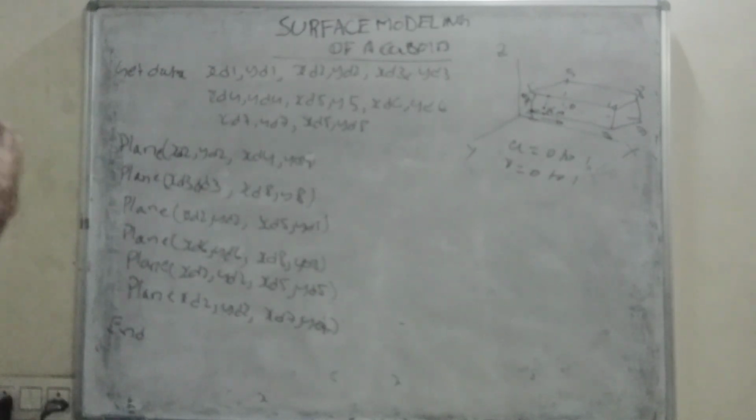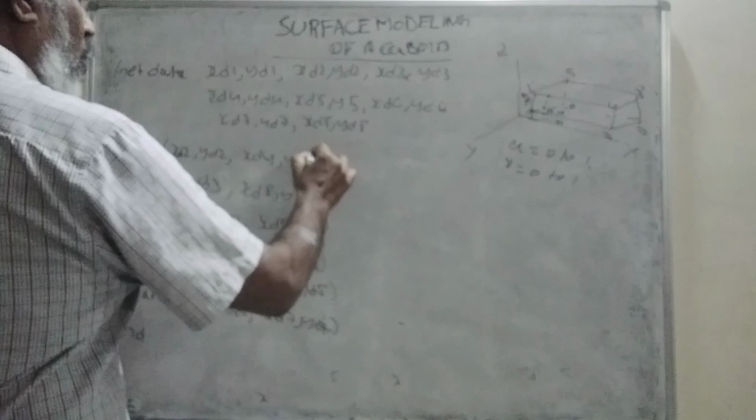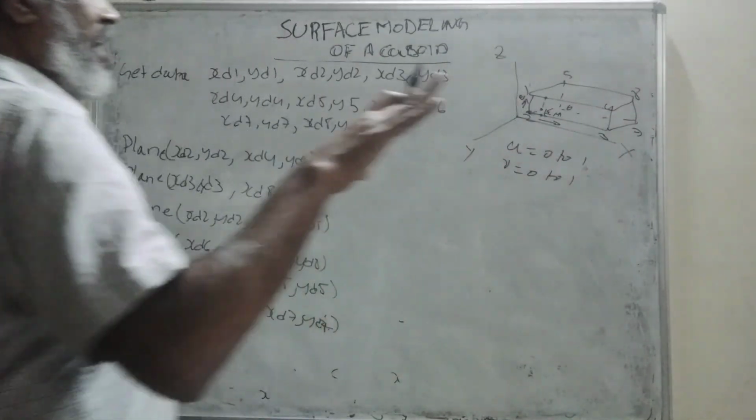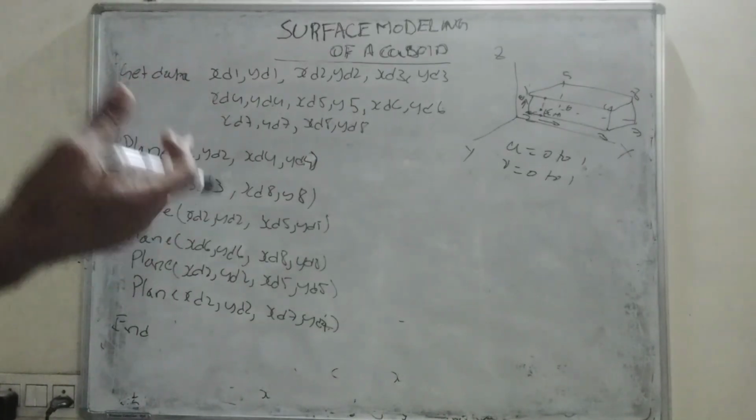Now in each plane, we are trying to get the coordinate data of xy points in each surface, and we are storing that in a database, or displaying that data on the computer screen.